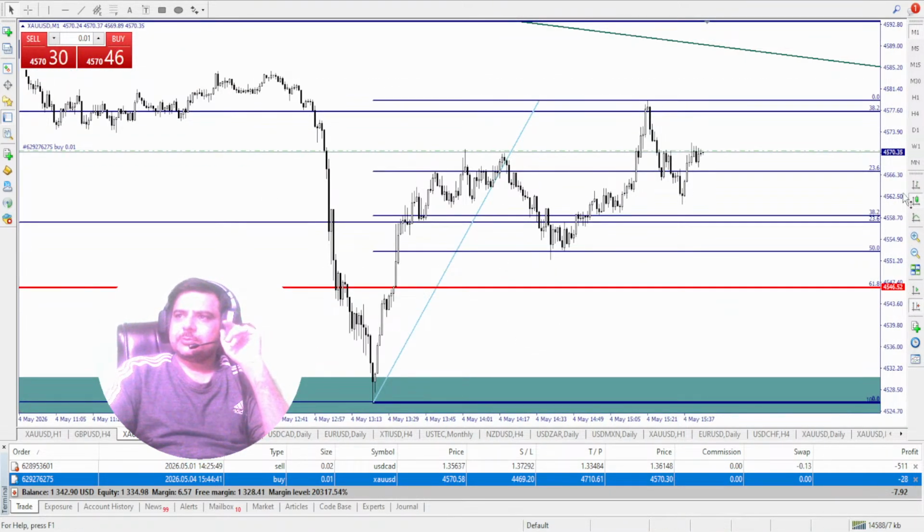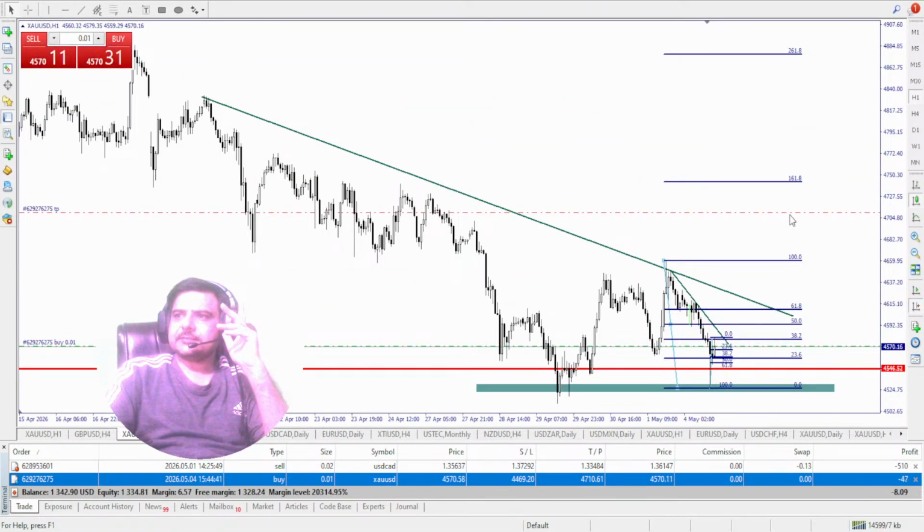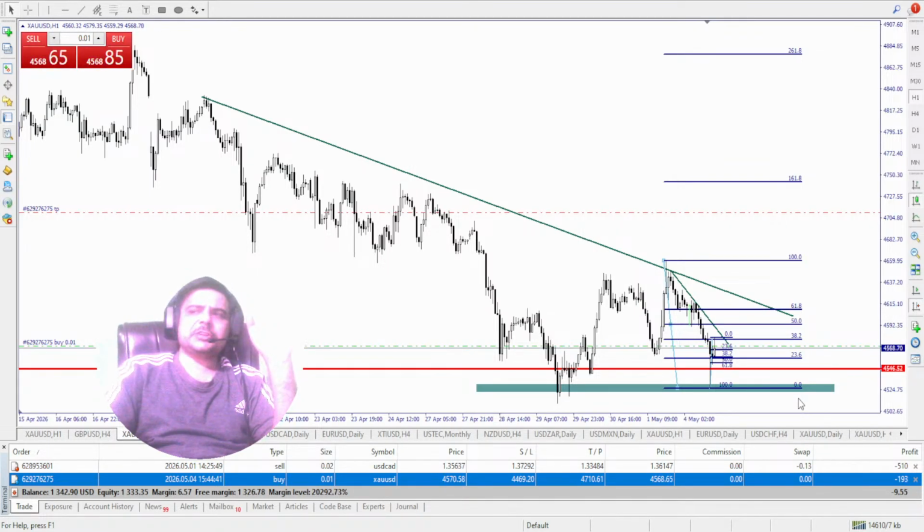This is now a swing trade, just in case one doesn't know, and it can easily float around 300, 400, 500 pips negative.